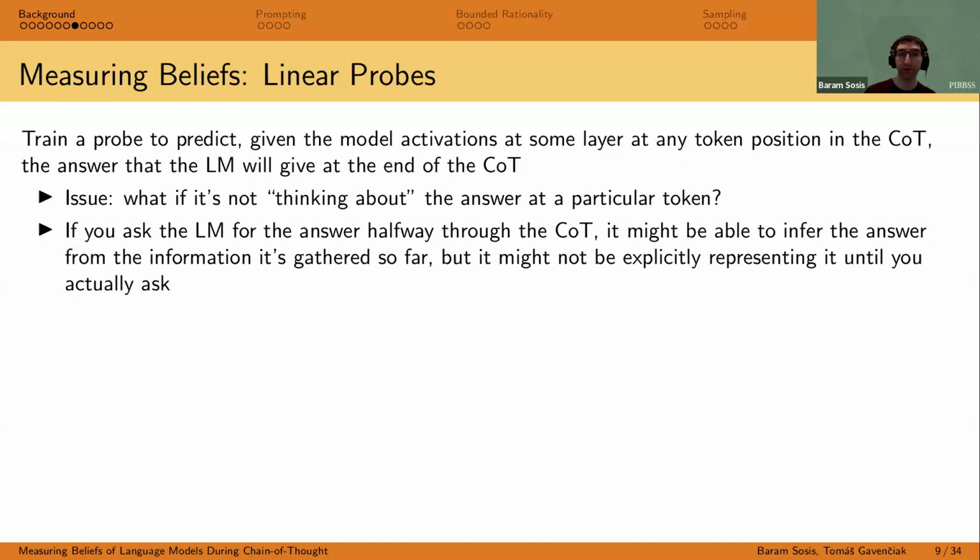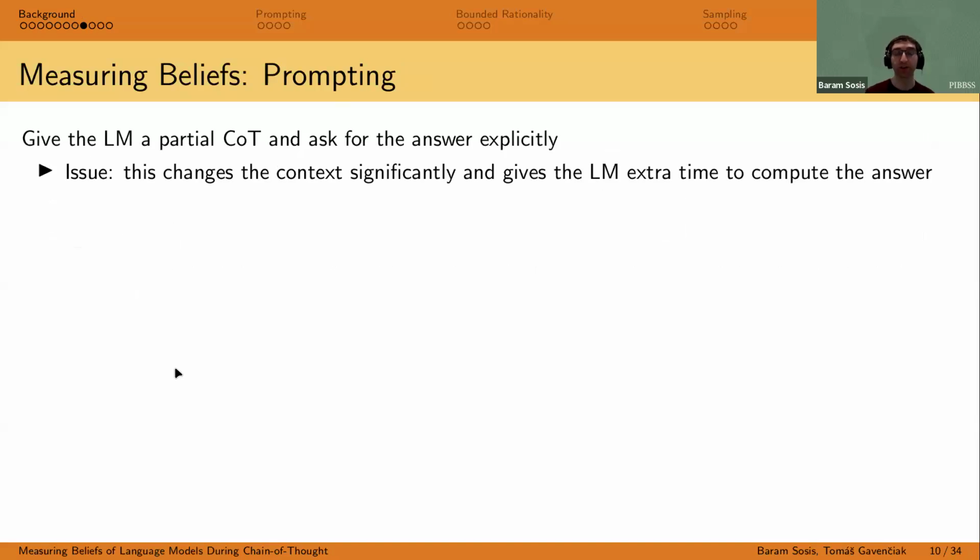So okay, what if instead we actually ask the language model for an answer? This is the second approach that I looked at for measuring beliefs, which is to just prompt the language model. So we take a chain of thought, maybe half a chain of thought, and give it to the language model, and say, hey, given this so far, what do you think the answer is? And see what it says.